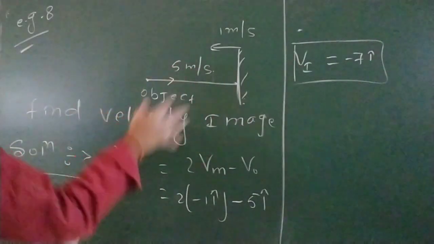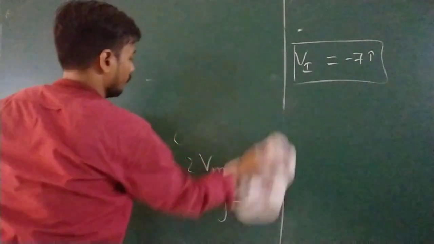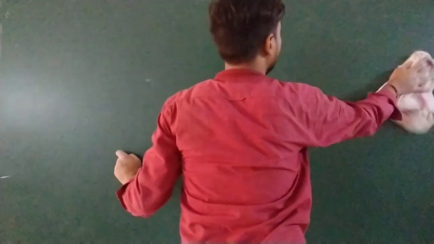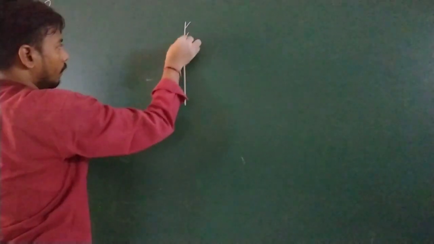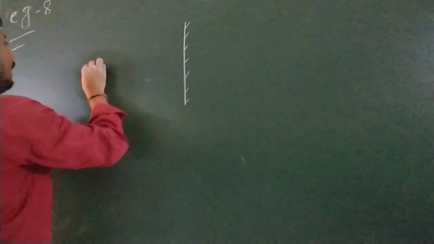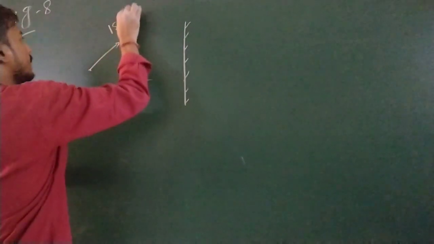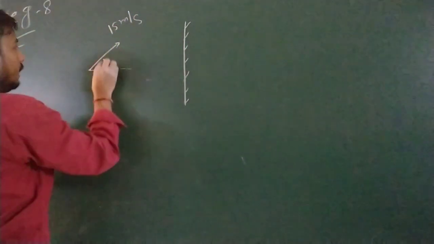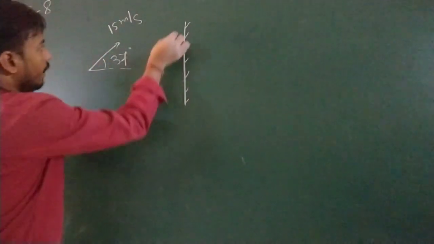Now third case, the next case. Suppose here is an object, and the object is moving with velocity 15 meter per second at an angle of 37 degree, right?